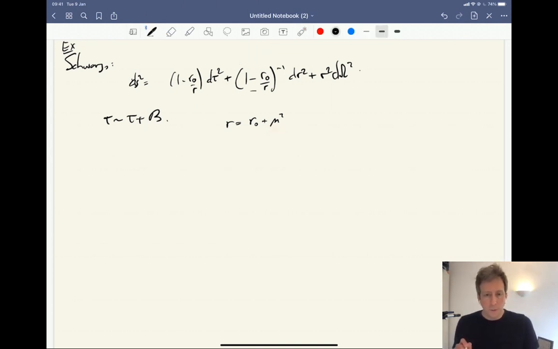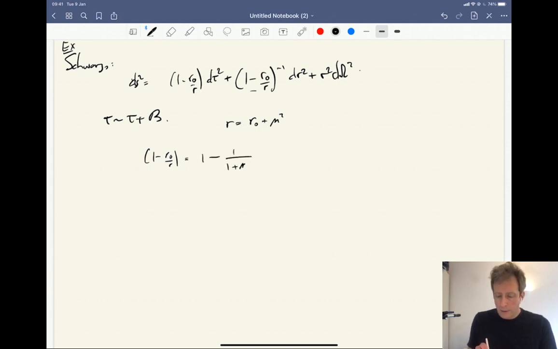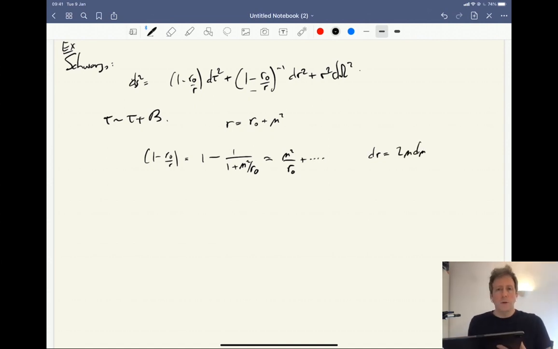But pragmatically, for this form of the metric, we can try this. And then 1 minus r naught over r is 1 minus 1 over 1 plus, if I haven't got all this wrong, like this. And expanding around mu is 0, which is the horizon, gives me this. dr is 2 mu d mu.